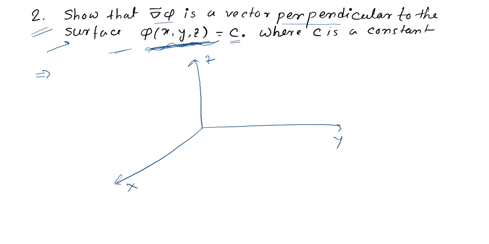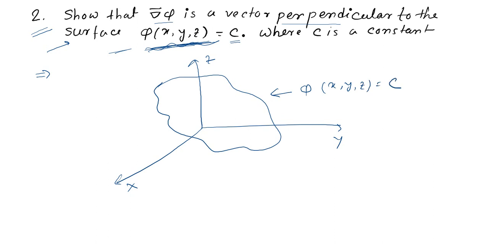तो मान लेते हैं कि एक आर्बिट्ररी सरफेस which is phi(x, y, z) = c. Or you can think simply, you can think one spherical surface, जैसे x square plus y square plus z square is equal to some constant, let's say it is 9. ये क्या है? एक sphere होता है ना.